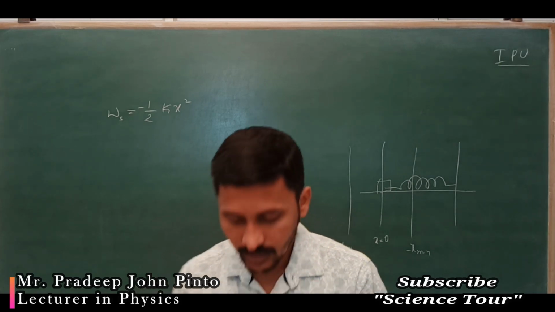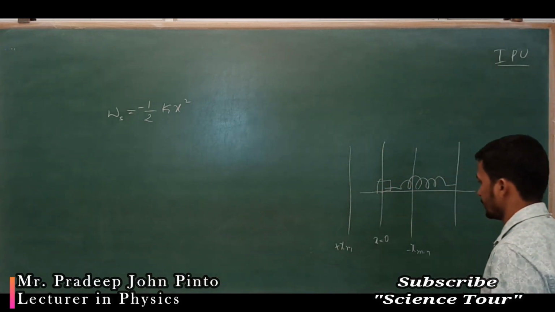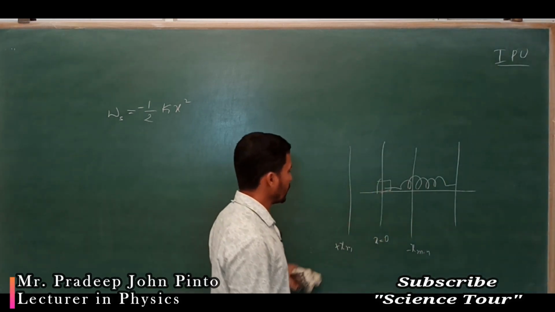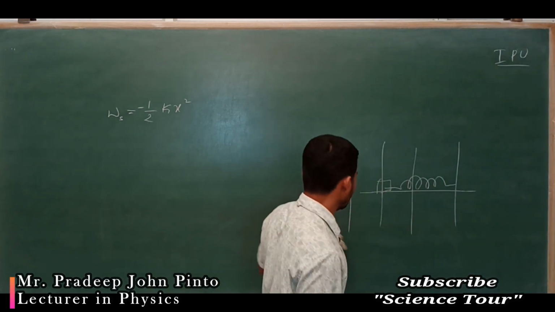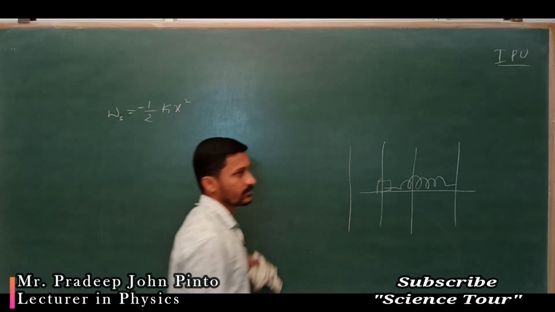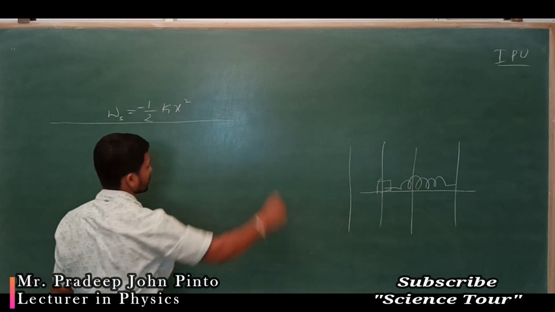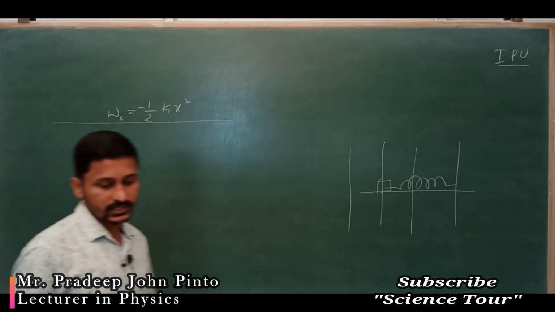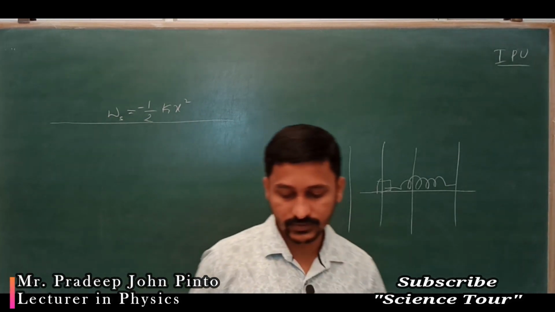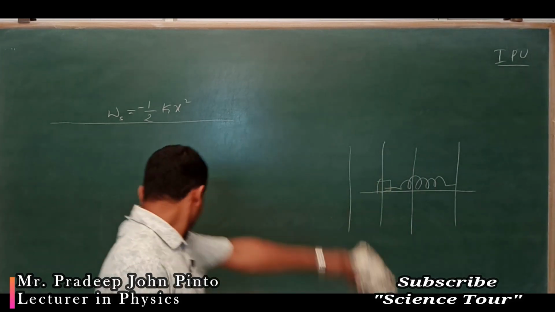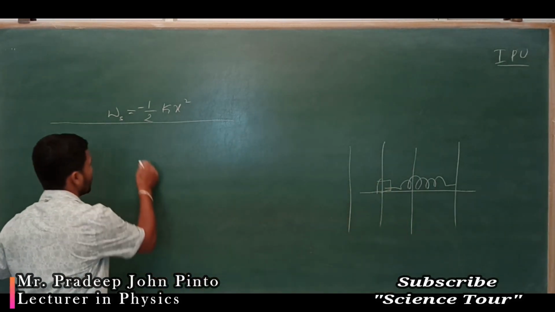Now how can I calculate the work done? Say for example I am going to pull it in only one direction, that is just one way we are going to get, but what actually it is, is work done in the variable force.